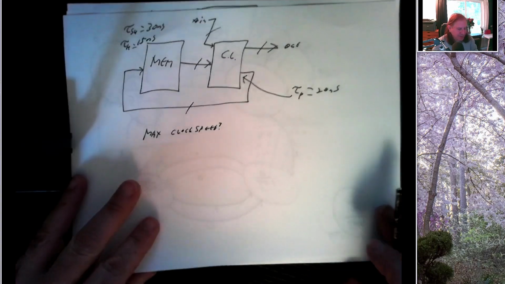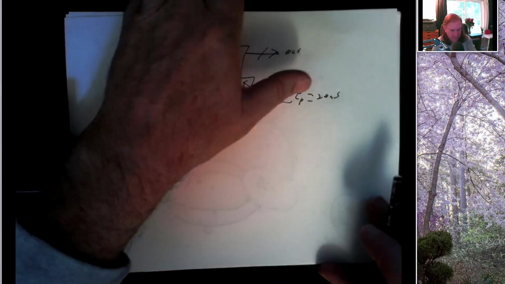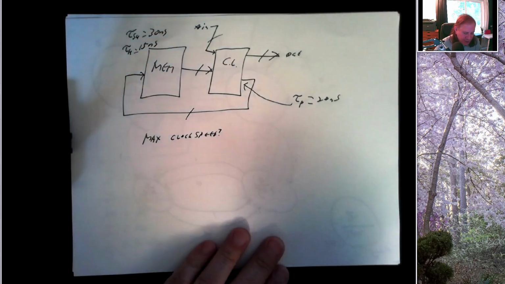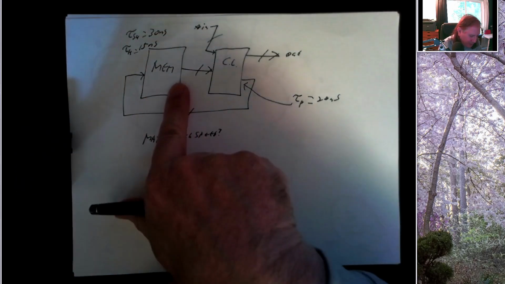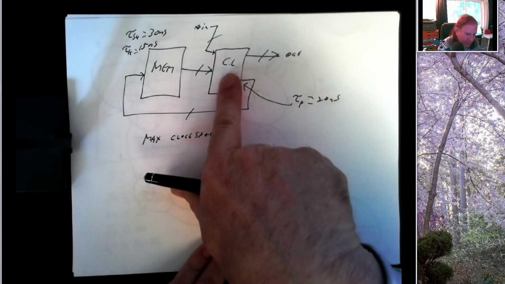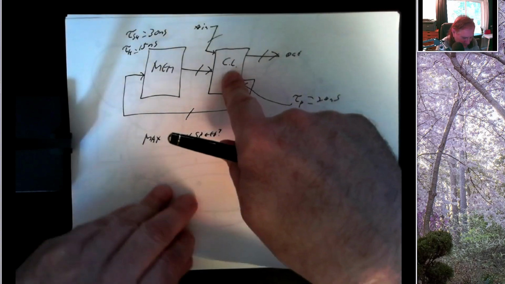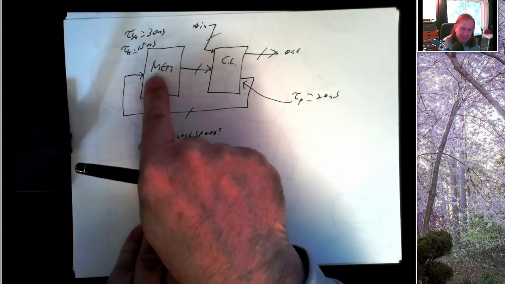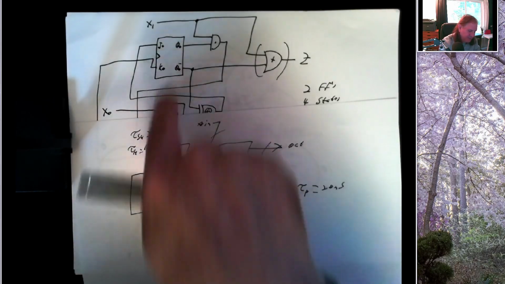What's the maximum clock speed for this circuit? Basically the situation is, once the clock ticks, you're going to get new outputs from your flip-flops. Those are going to go into your combinational logic, filter through whatever logic gates you have, and generate outputs. Those outputs will set the inputs of your flip-flops.